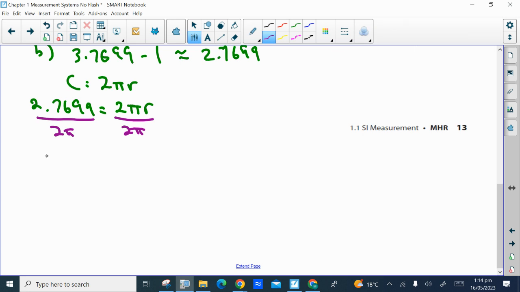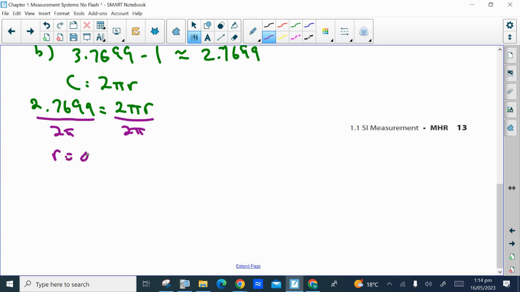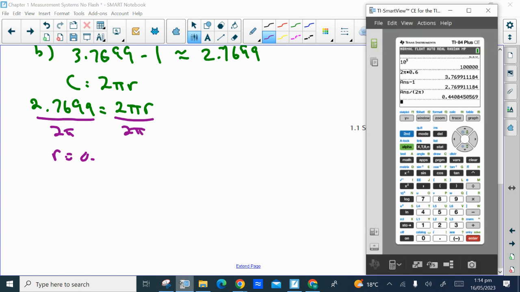And r, our radius, and again this is in meters, is 0.4408 meters.